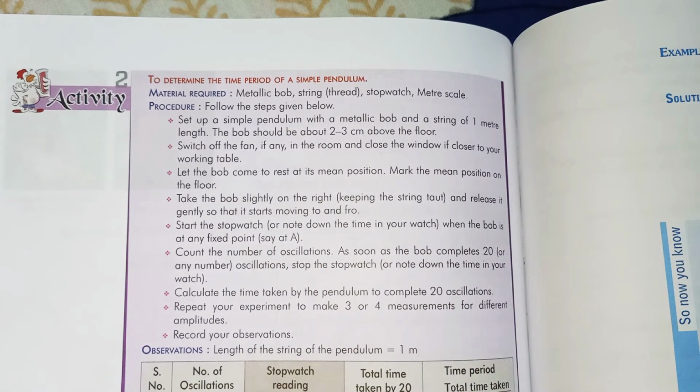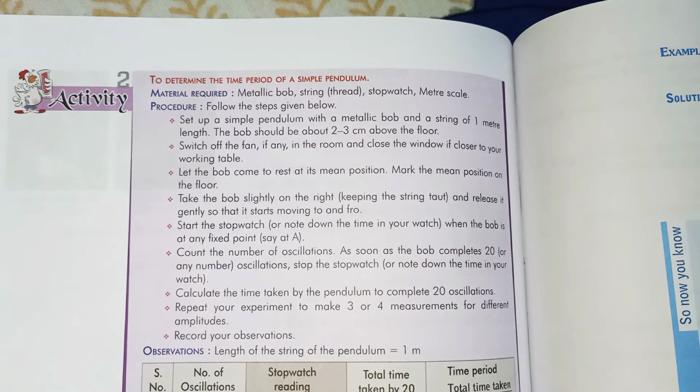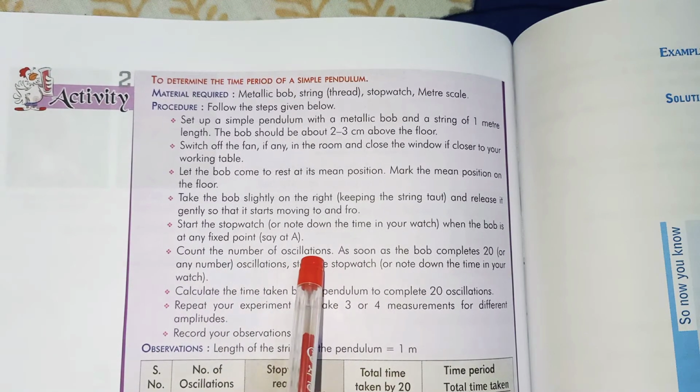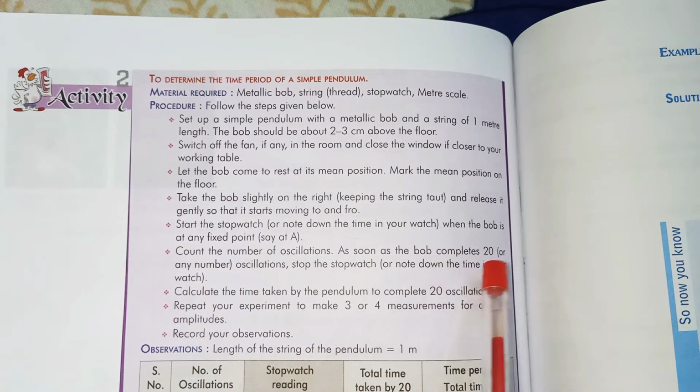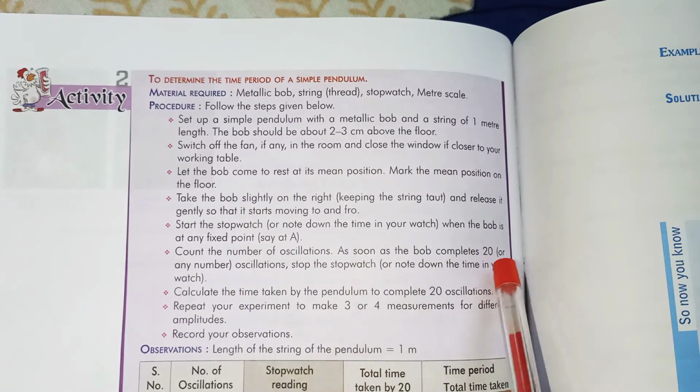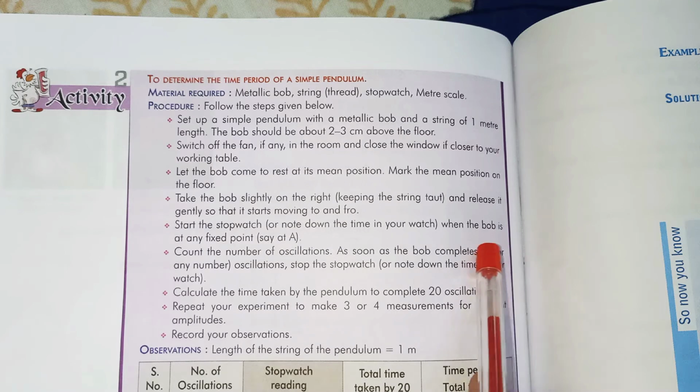While the bob is gently released, at that time you have to count the number of oscillations. As soon as the bob completes 20 or any number of oscillations, stop the watch. Here it is given that the number of oscillations taken is 20.